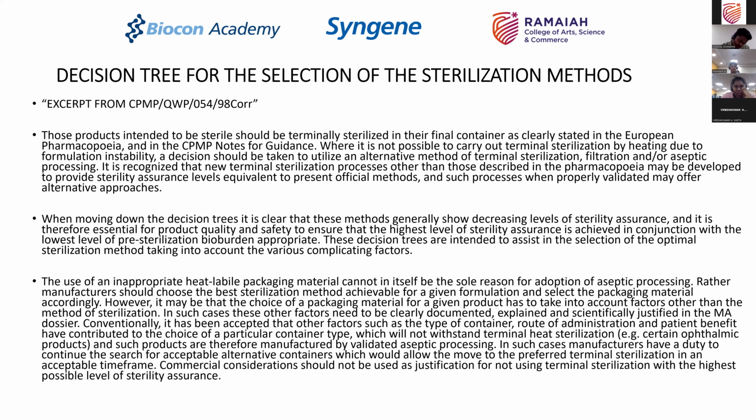I would rather want to use a word. This is an excerpt from CPMP, so I'm using the word as it is. But if I was to rewrite the statement, then I would write it as that the probability of a sterility assurance is the highest in terminally sterilized product, followed by aseptic processing, where you have a bulk filtration or a final filter sterilization possible just before filling.